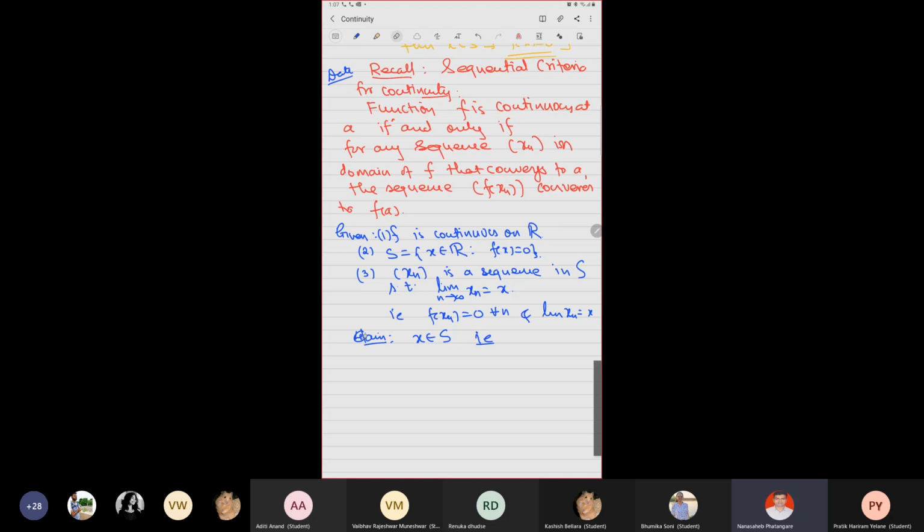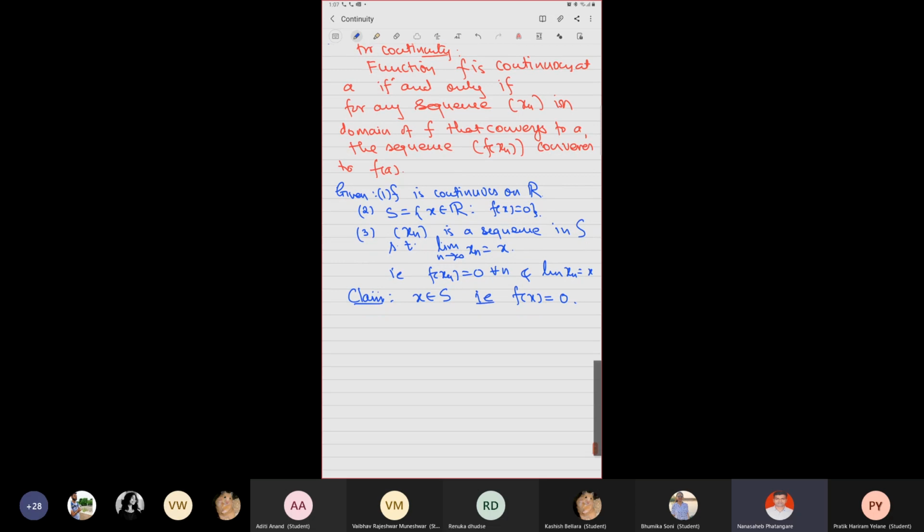This is equivalent to proving that the function value at x is 0. That is our aim. How to do this?